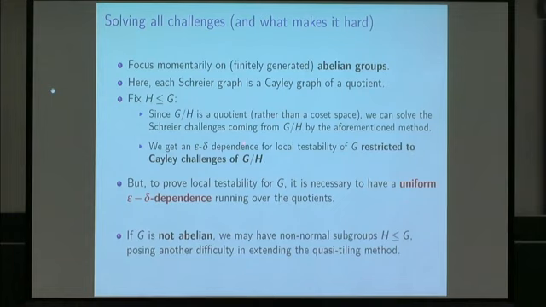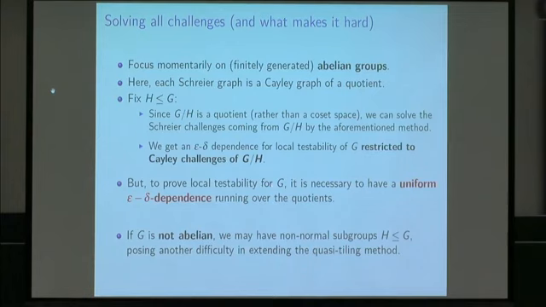But I have to have a uniform epsilon delta dependence running over all quotients. To prove local testability for a group G, I have to have a uniform epsilon delta dependence running over all the quotients of G. This is one difficulty in extending the quasi-tiling method.